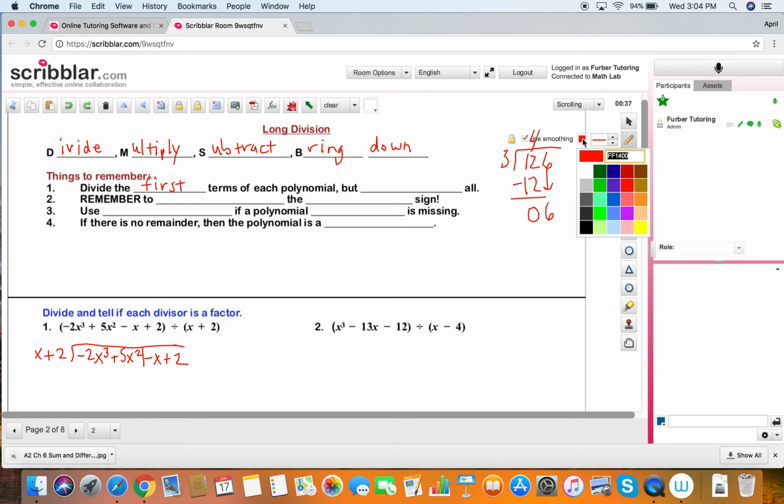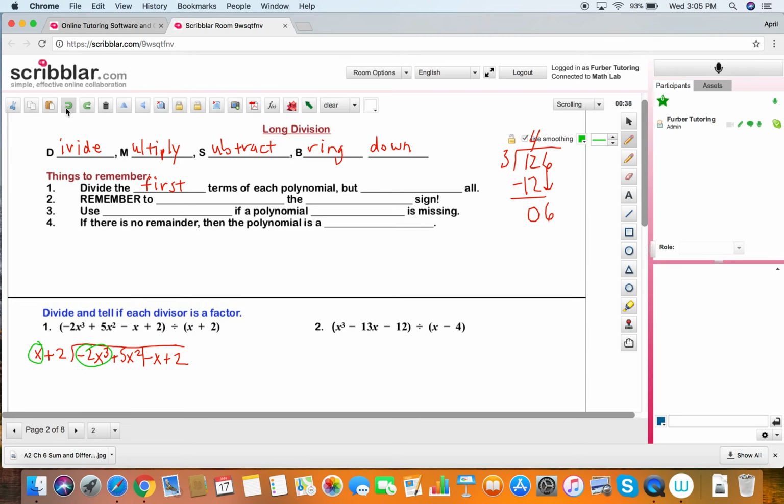So for example, down here, I'm going to look at this x term and this negative 2x cubed term. And I'm not going to pay attention to the 2 or the 5x squared just yet. So I'm going to see what I have to multiply with x in order to make negative 2x cubed. So obviously you need a negative 2.